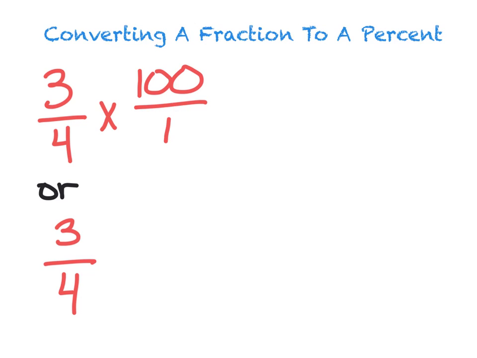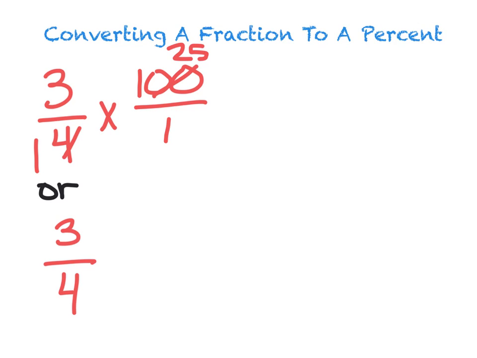Now before we multiply, I want to simplify this so it'll get easier. So we are going to simplify 4 and 100. Now we can divide 100 by 4, so we can make this 1, and we can make this 25.